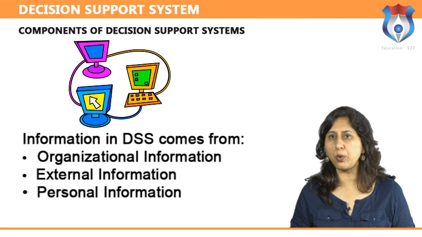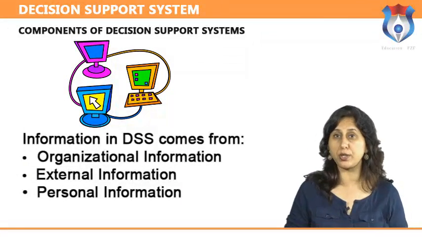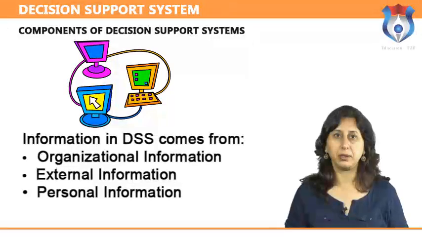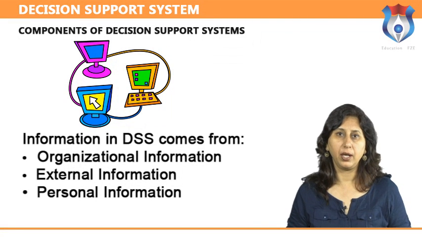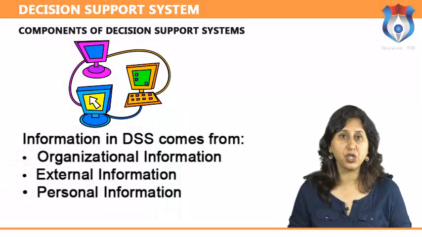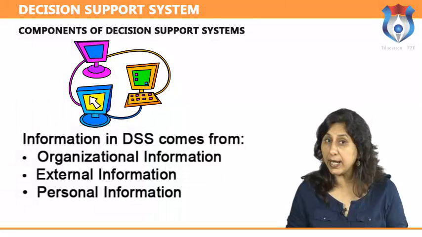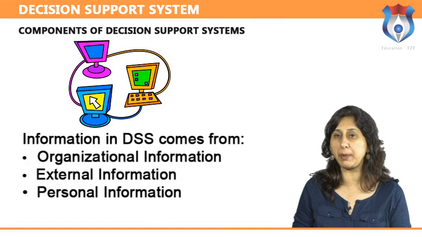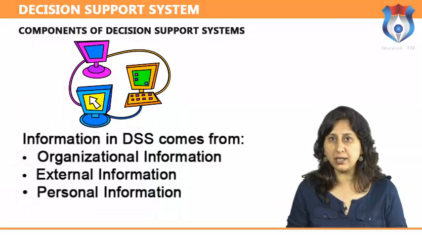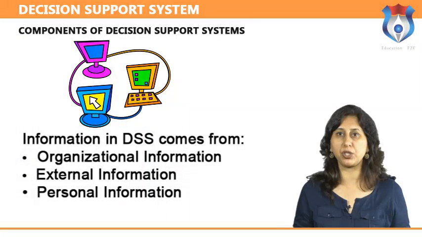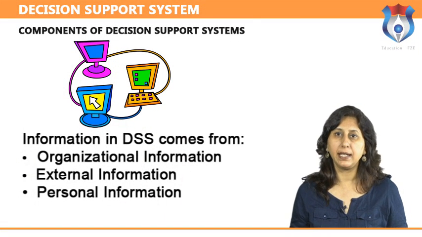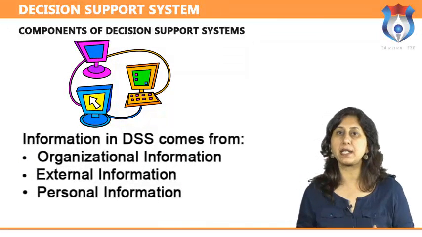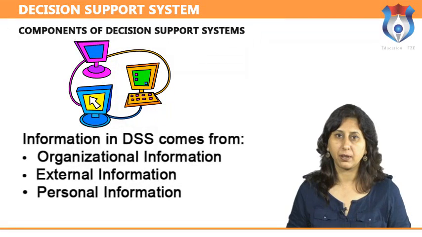Some decisions require input from external sources of information. Personal information. We can design our decision support system so that we can enter this personal information only as needed, or we can keep the information in a personal database that is accessible by the decision support system.